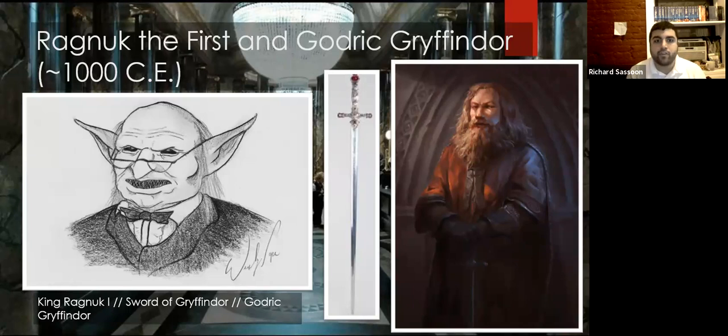So Ragnuk I forges this sword for Godric Gryffindor, and he lays within it rubies in its hilt, and he presents it to Godric Gryffindor, but then decides that he wants to have possession of it, and then tells his fellow goblins that Godric Gryffindor stole it from him. Those goblins then confronted Gryffindor. Gryffindor killed them all with the sword, and told King Ragnuk that he was keeping the sword as he rightfully paid for it.